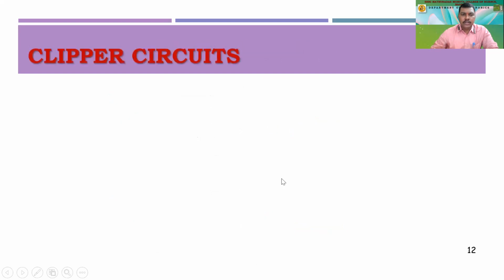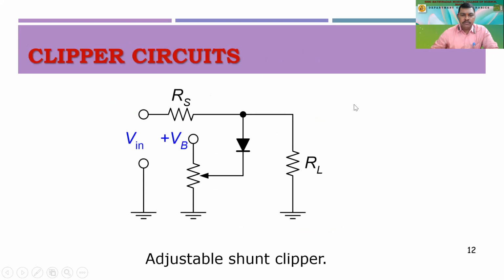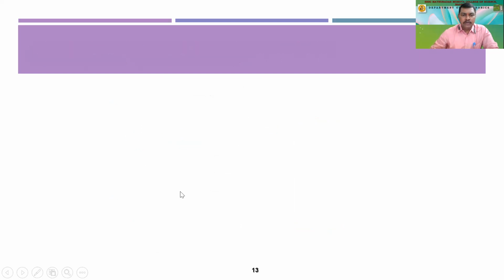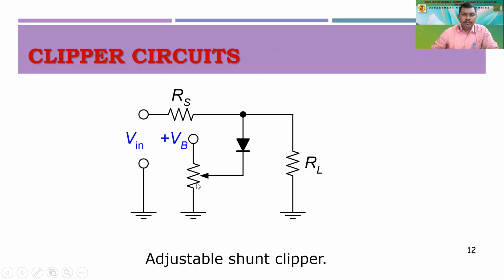Now we have also studied the adjustable shunt clipper. We talked about that in the last lecture. Here we can vary the VB voltage. We can put a potentiometer and vary the VB voltage by using this pot.